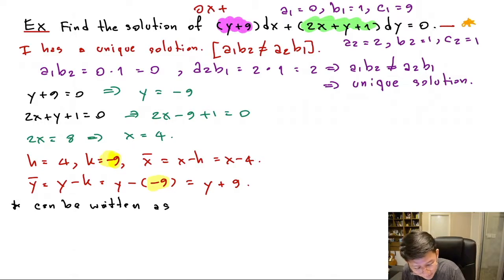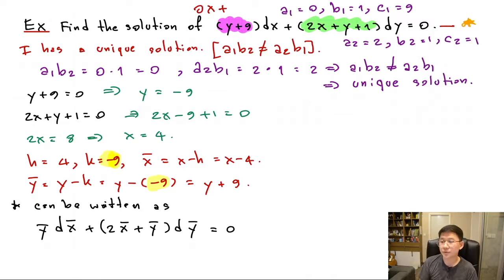So what I have is, but we don't have c1 and c2 anymore. So it's y bar, x bar plus 2x bar plus y bar plus 1. Oh, no, there's no 1 anymore, right? dy bar equals 0. I'll call this equation double star. Make sense?